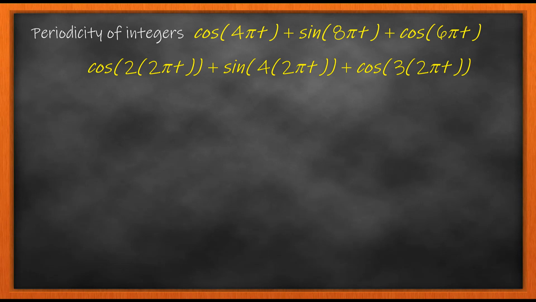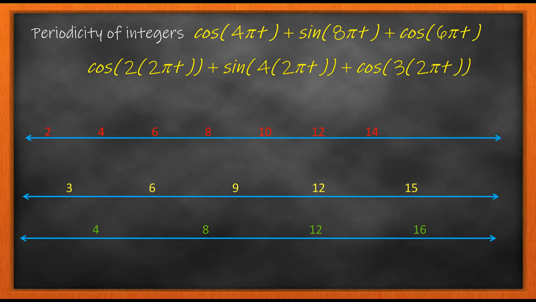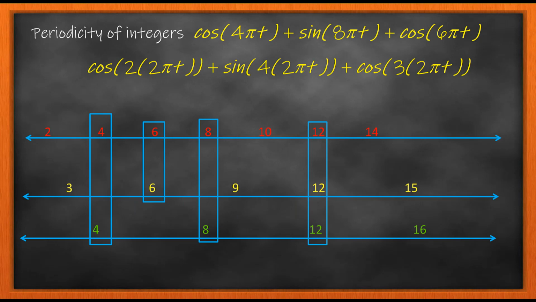A 3 mixed signal problem is solved exactly the same way as your 2 mixed problem, but there are certain places where you need to be careful. So we have 2, 4 and 3 2 pi's. We write the multiple scales for 2, 3 and 4. What do we have here? As you can see, 4, 6, 8 and 12. If you have to pick a common term for this 3 mixed signal, you can end up picking 4.